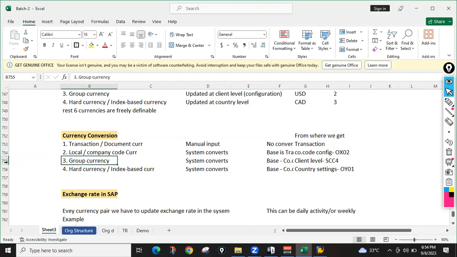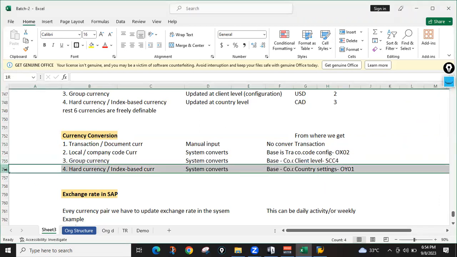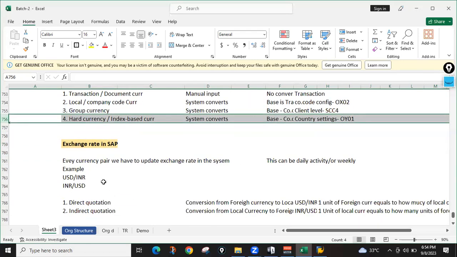The group currency we get from the client level, which is a one-time activity defined by the Basis consultant in transaction code SCC4. Hard currency we get from the country settings, which is OY01. So hard currency and index currency can be maintained over there. Apart from that, the freely definable currencies we maintain in that screen itself; the system doesn't derive them from anywhere else.